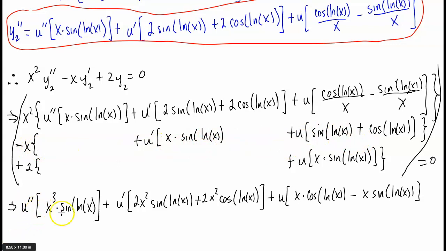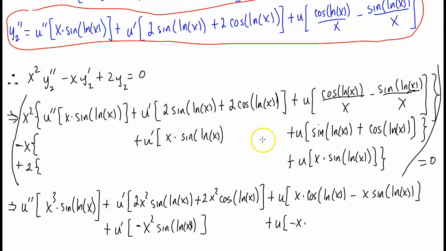And this would be plus u prime. And then the minus x times x here will be minus x squared sine of natural log of x. Okay, we close that. And then this will be plus u times minus x times this row here.